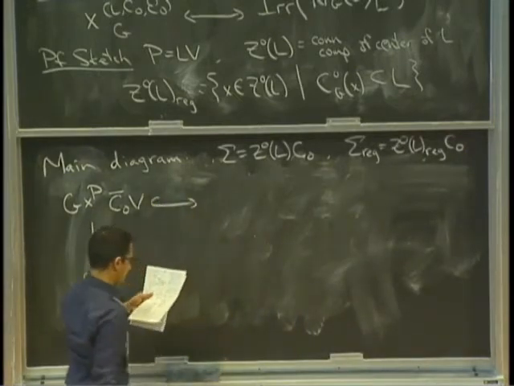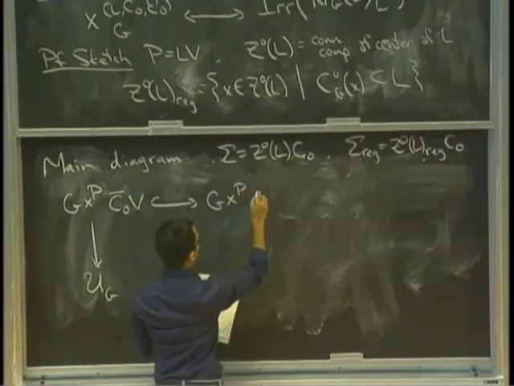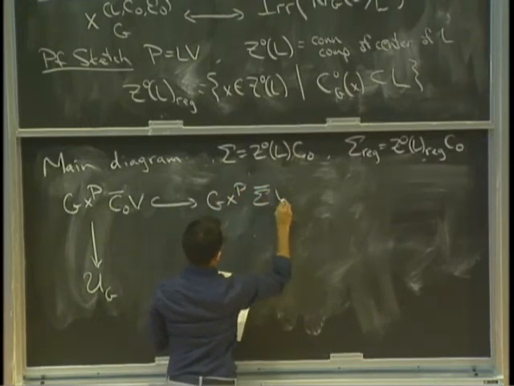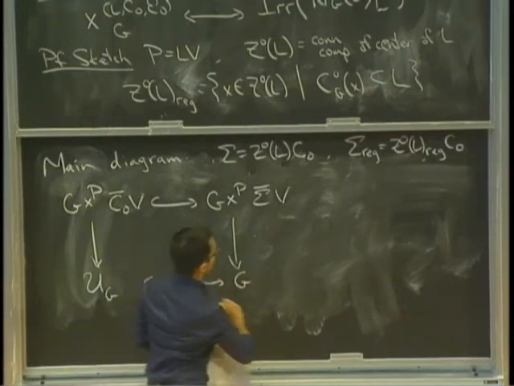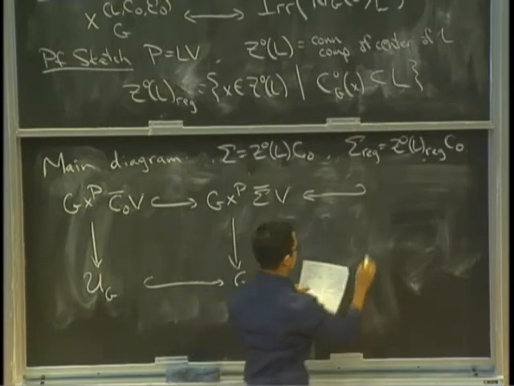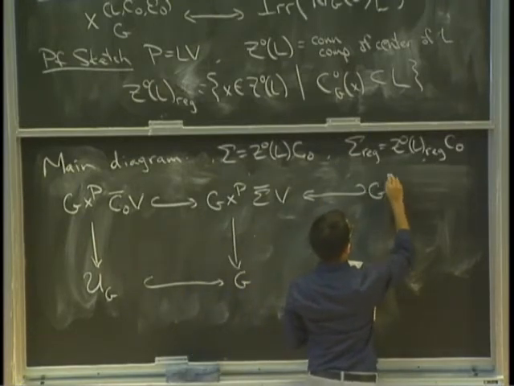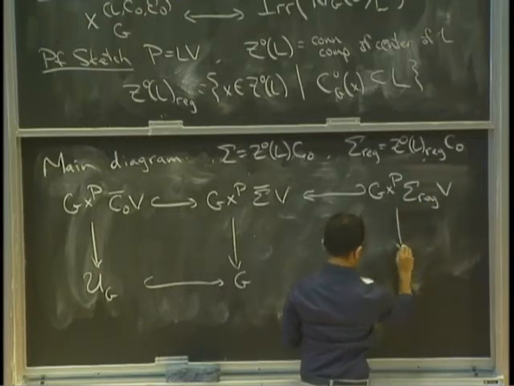Okay, so the middle piece in this diagram is G cross upper P sigma bar V, and this maps down to G. And then the right-hand side is G cross upper P sigma reg V.